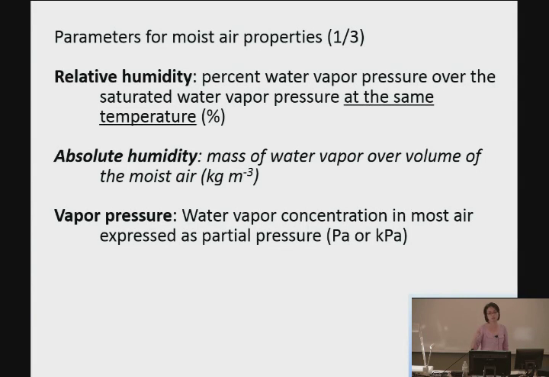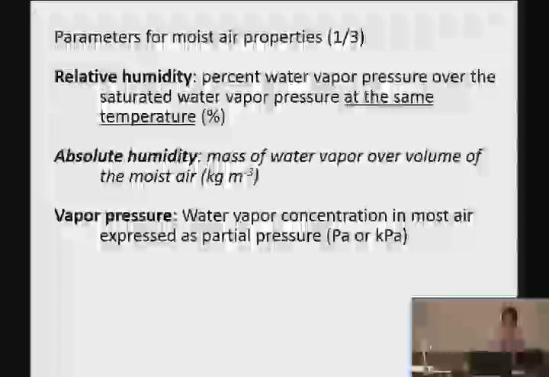This value is useful when you need to compute how many grams of water is going to be condensed or how many grams of water needs to be evaporated to reach a certain percent humidity. To do that kind of computation, expressing humidity using absolute humidity is much easier than using relative humidity.